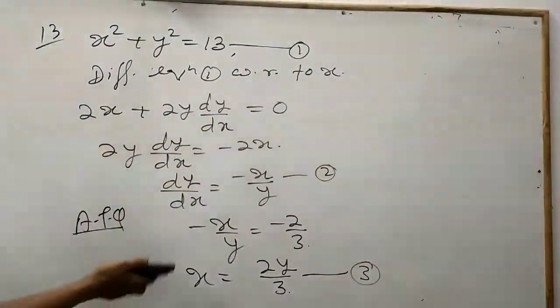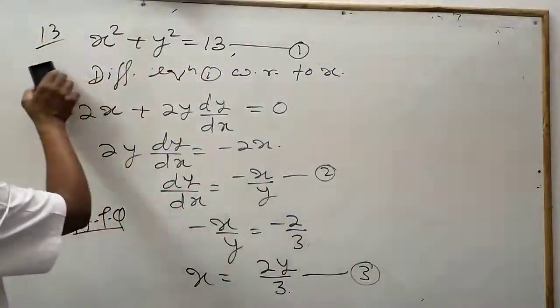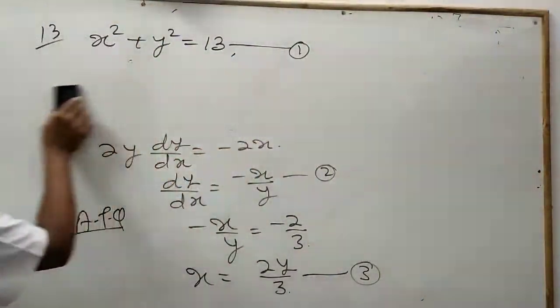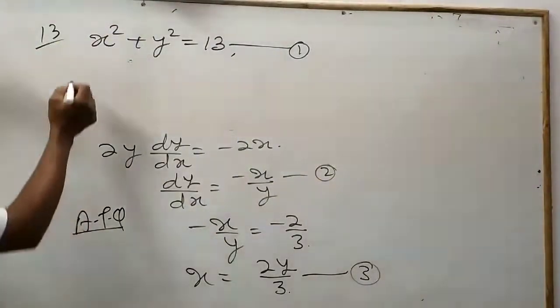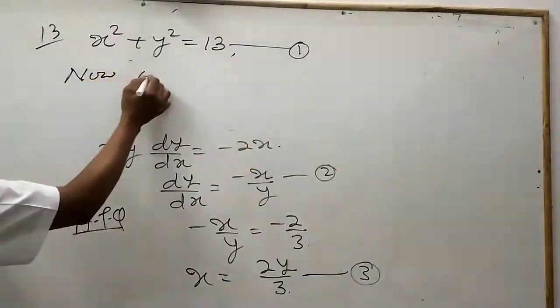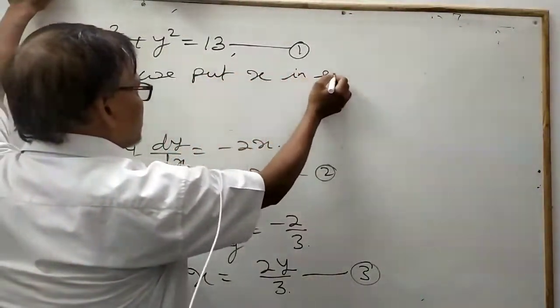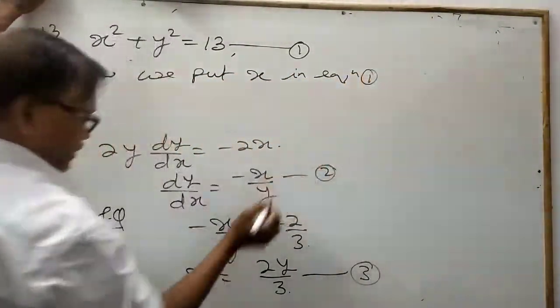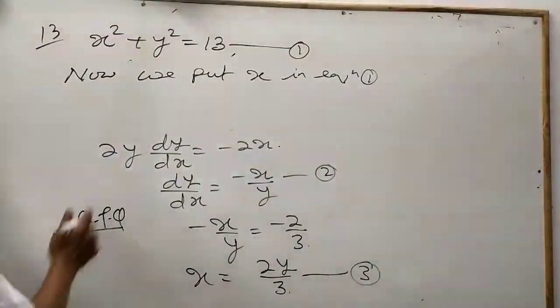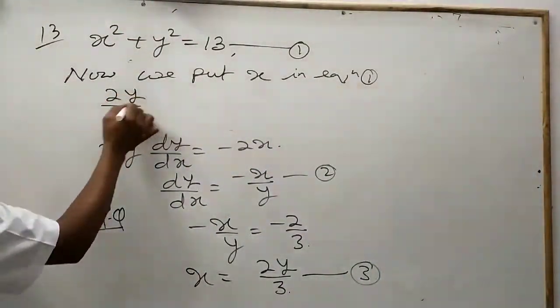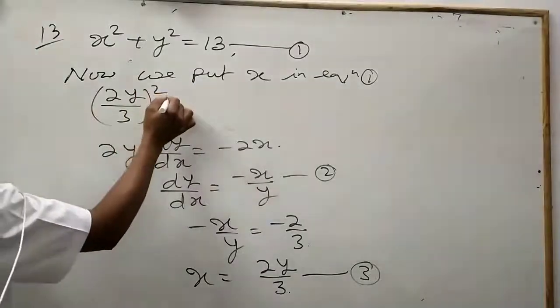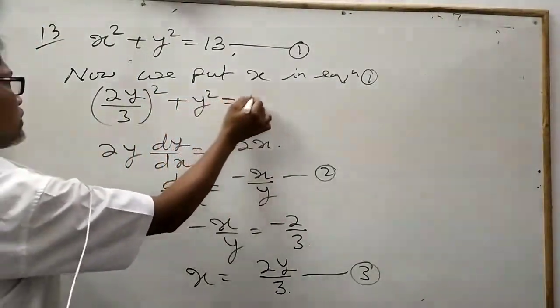So putting the value of x in equation number 1. Now we put x in equation 1, this one. So 2y by 3 whole square plus y square is equal to 30.